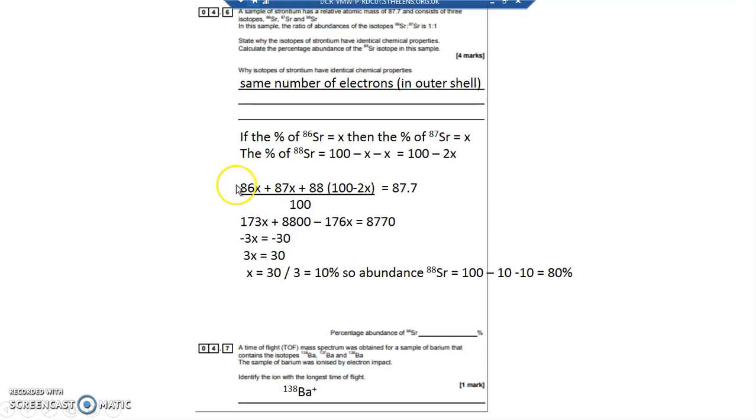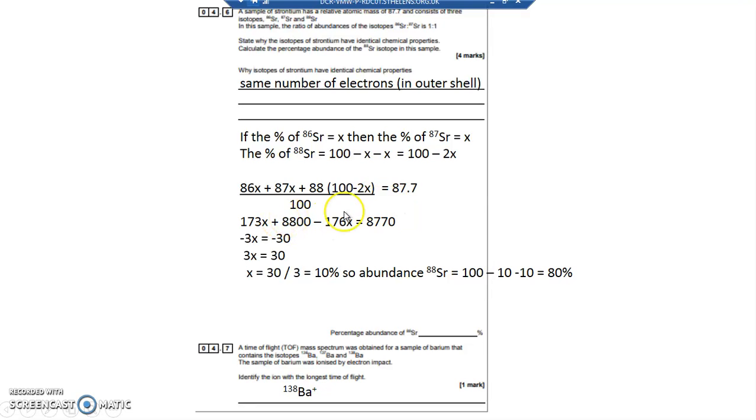To work out the mass of the 86 particles, I multiply 86, that's the mass of one particle, by however many there are. 87 is the mass of the next strontium particle, multiplied by the number that they are, X, and 88 multiplied by the number that they are, and I divide by the total number of particles, which I've decided is 100. And that equals the average, so I'm working out the average, that equals 87.7.